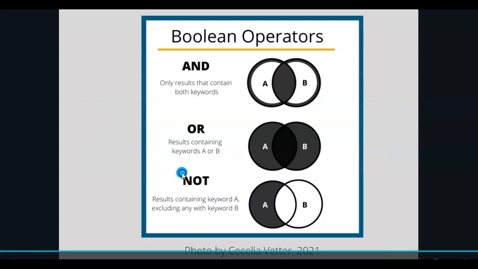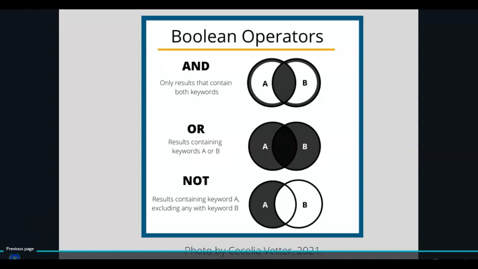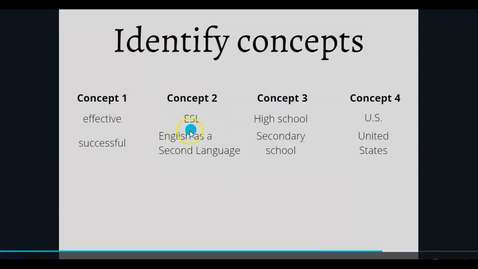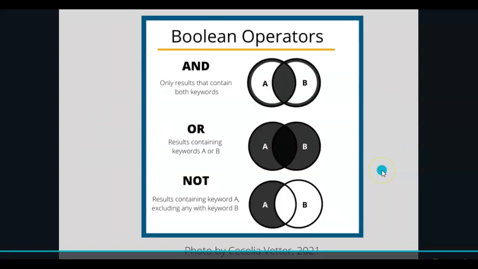An or is going to give us either or of something, and it's actually a way to broaden our search. So if we go back to our concept page, I've included ESL, but I could also do or English as a second language. So these are a part of the same concepts, but I'm willing to accept a result that has either this or this. Then we have not.